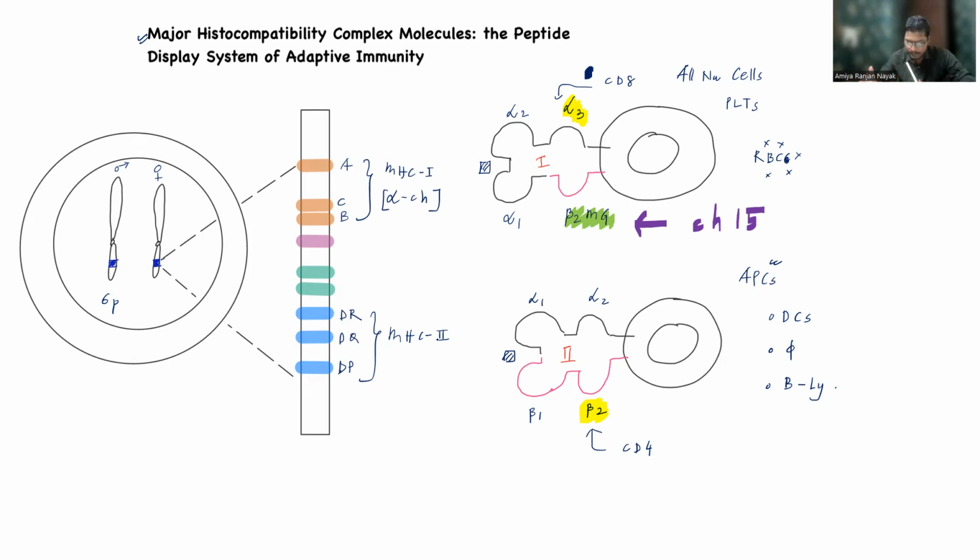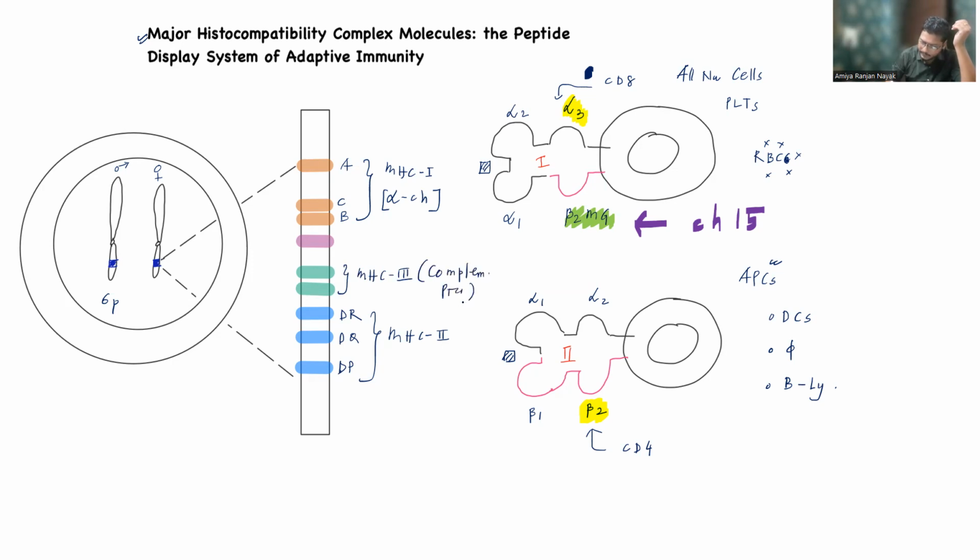We'll come to that again in subsequent slides, but for the time being, remember the MHC class 1 region includes HLA-A, B, and C, and MHC class 2 genes include HLA-DP, DQ, and DR. There are some other genes which give rise to MHC class 3 molecules. These include some of the complement proteins.